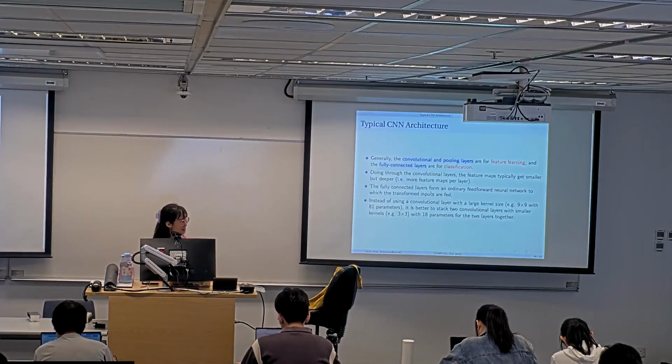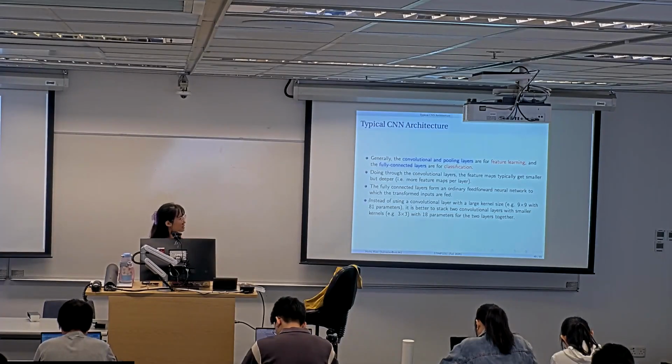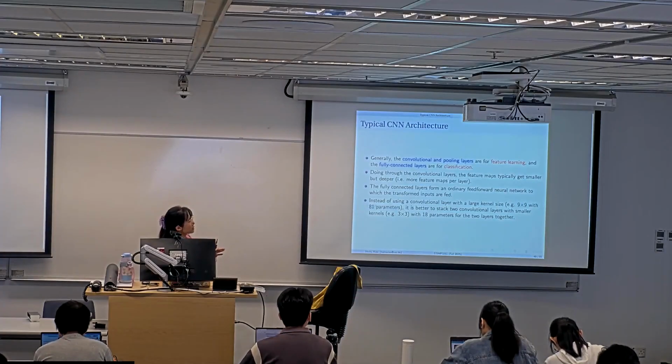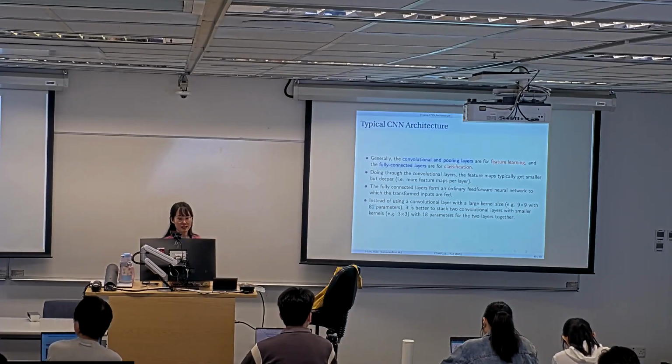So another conventional rule is that instead of using a convolutional layer with a very large kernel size, for example 9x9 with 81 parameters, which is not so accurate. Actually, this 81 is only for weight parameters. If we have a 9x9 kernel, then it has 81 weight parameters.